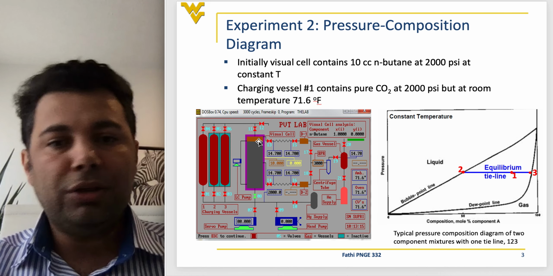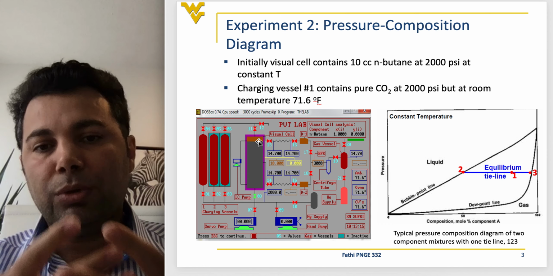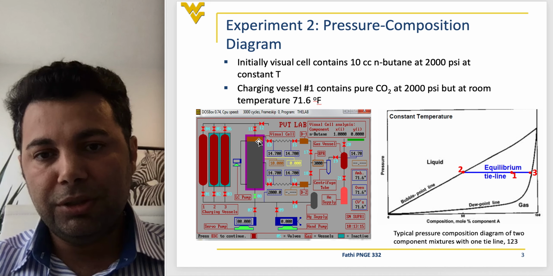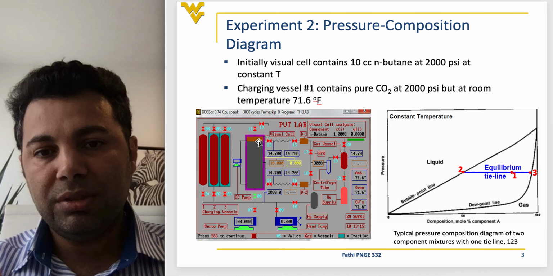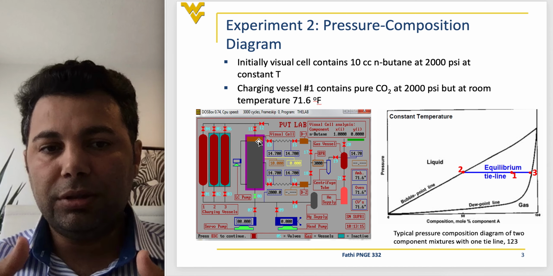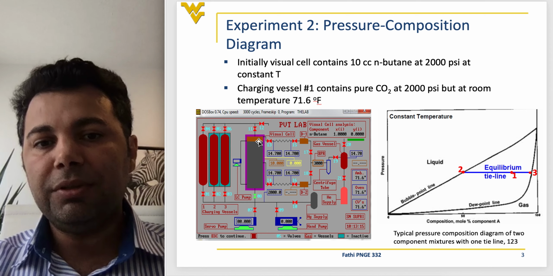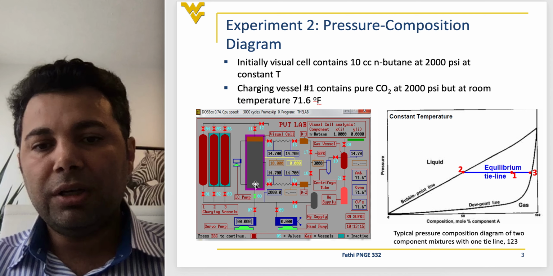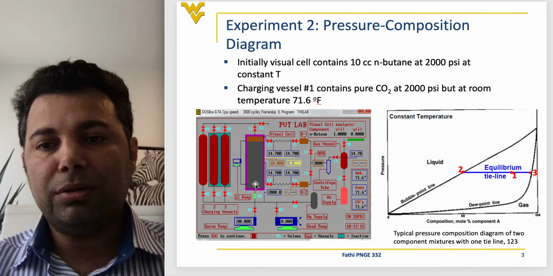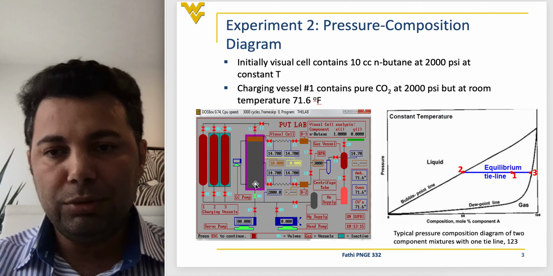When I'm done, I dump the fluid, come back with fresh N-butane, and ask how much I want to add to generate a mixture of 30% CO2, 70% N-butane. So this is called total volumes, or cumulative volumes. This is easy to perform with the PVT simulator, because every time you find a bubble point, you can just exit the program, enter the program again, and you will have fresh N-butane to do the experiment.